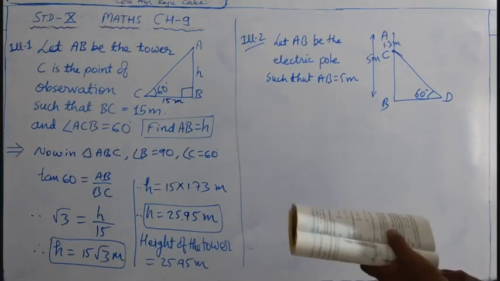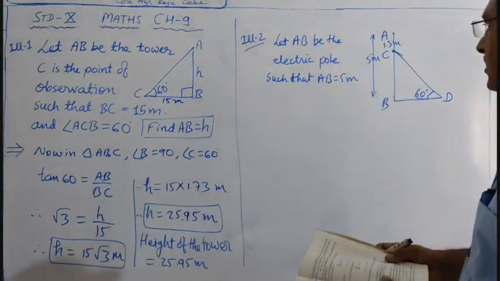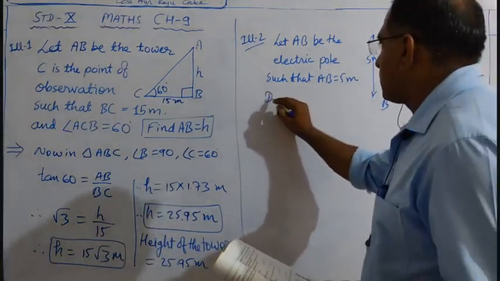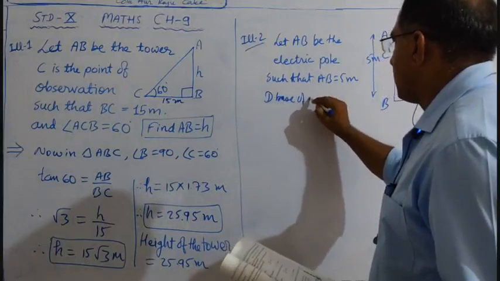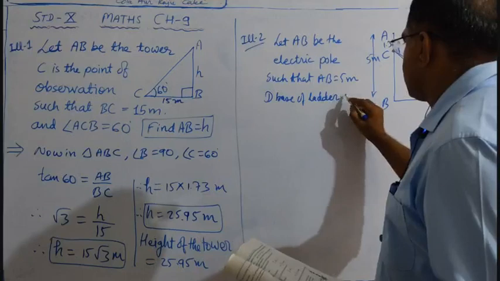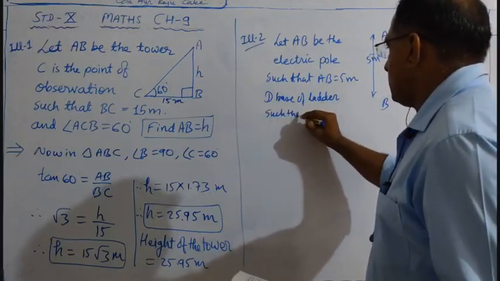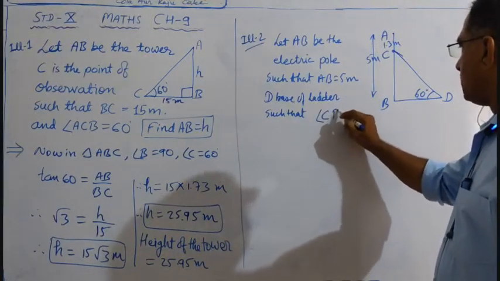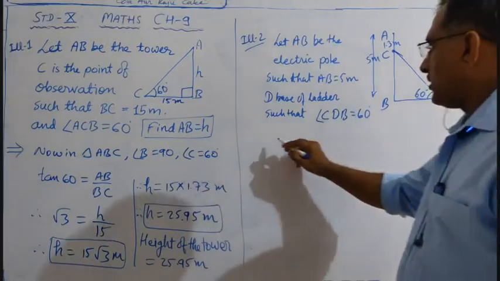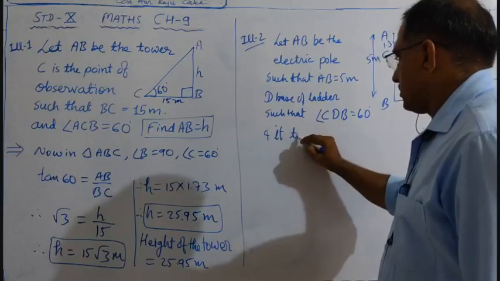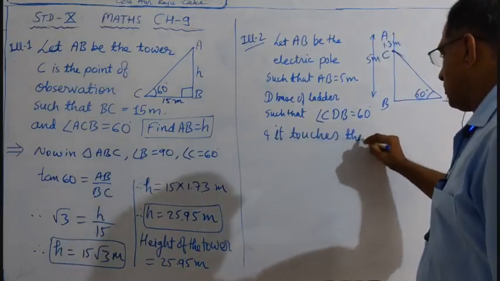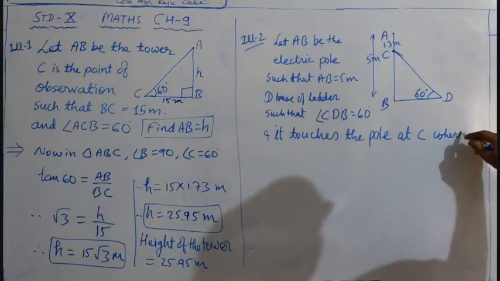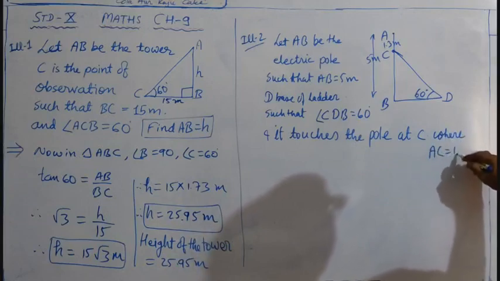So here you can see AB is the electric pole such that AB is equal to 5 meter, and D is the base of the ladder such that angle CDB is equal to 60 degree, and it touches the pole at C, where AC is equal to 1.3 meter.